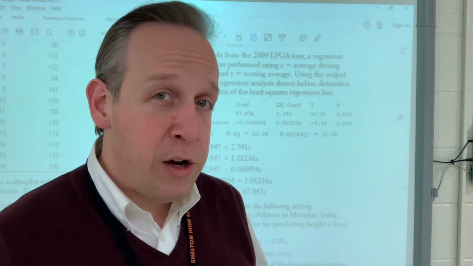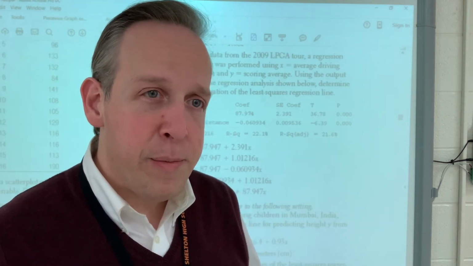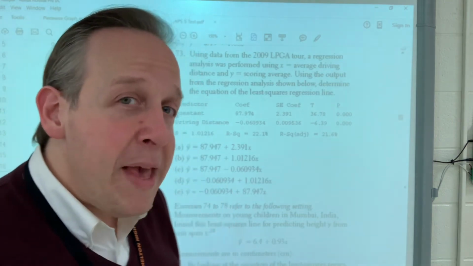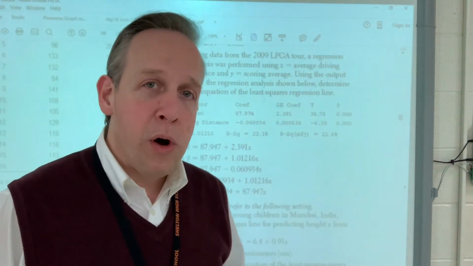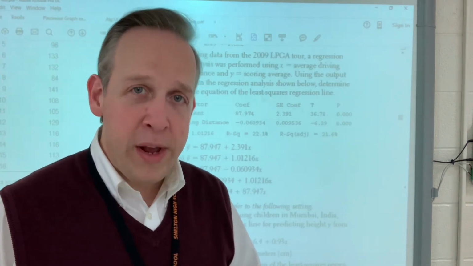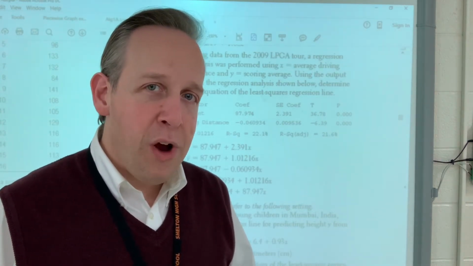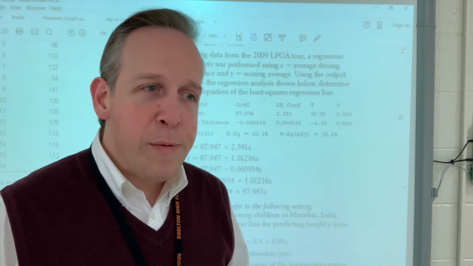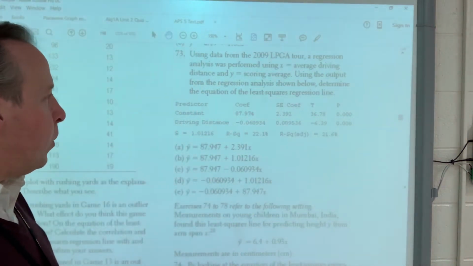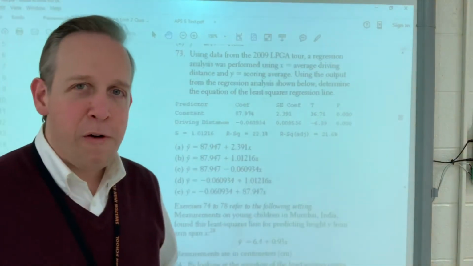Because it's standard deviation, it's always going to be a positive number, but it's the average absolute value distance to the line. So when I'm making a prediction of your scoring average based upon the driving distance, I'm going to be wrong on average by about 1.01216, about 1 point.